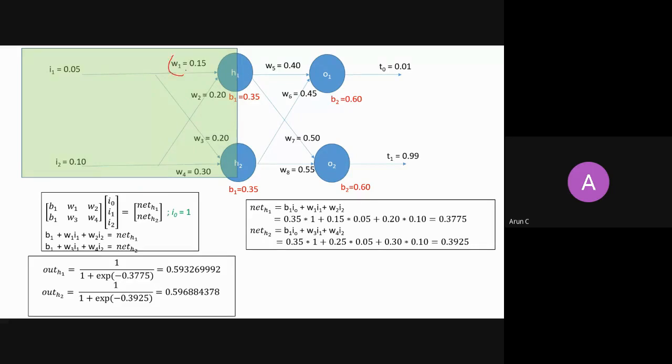W1, W2, and your bias, all three go into this particular first layer. Similarly, W3, W4, and this bias all go into the second layer, and this input is here: I1, I2, and to accommodate the bias you take I0 equals 1.